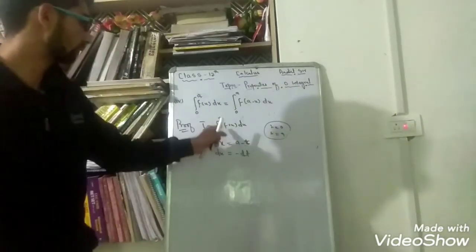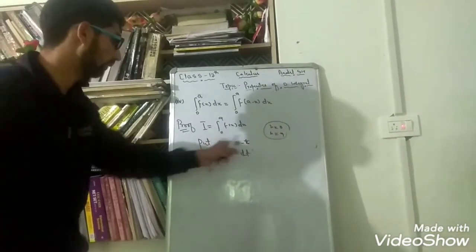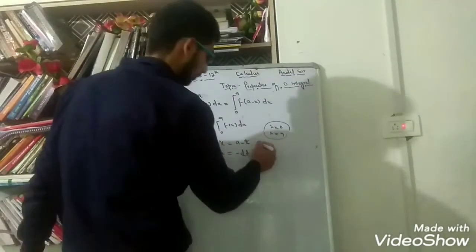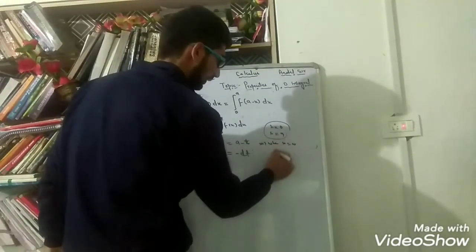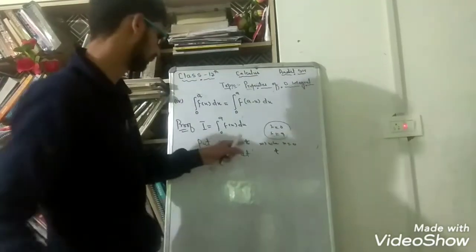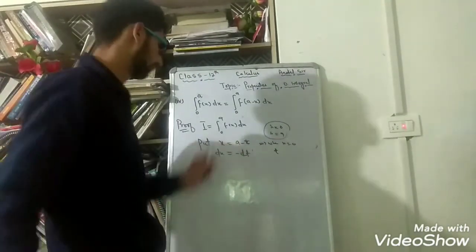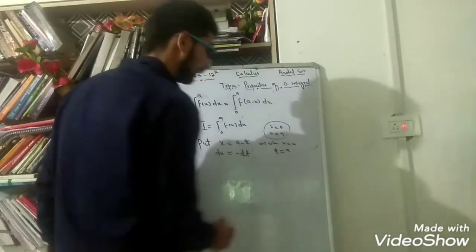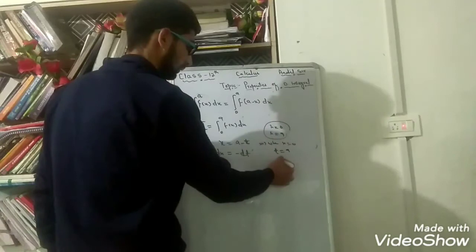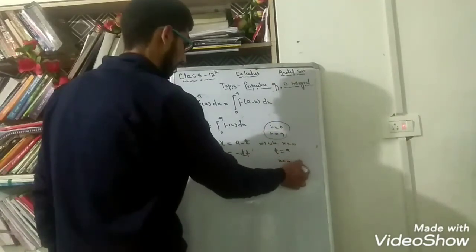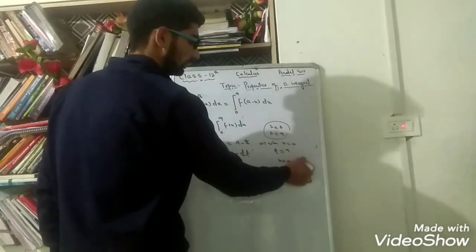When x is equal to 0, what is the value of t at that time? t is equal to a. And when x is equal to a, the value of t is equal to 0.